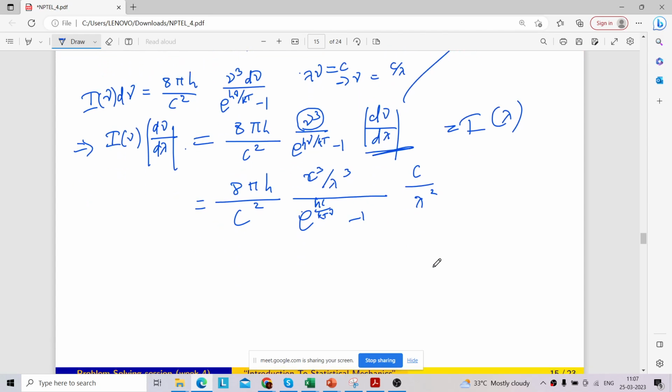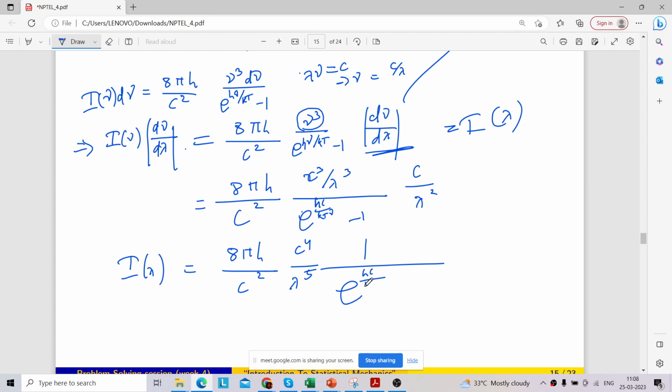So effectively I have I lambda as 8 pi h over c square, and I have c4 here, and I have lambda to the power 5 and Planck distribution e to the power hc over kT lambda minus 1.